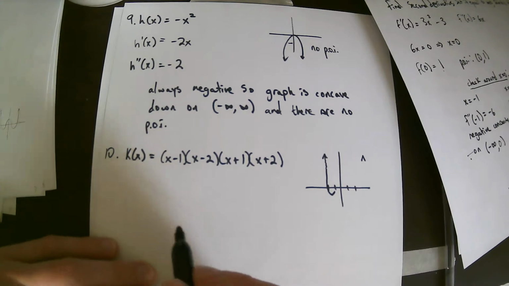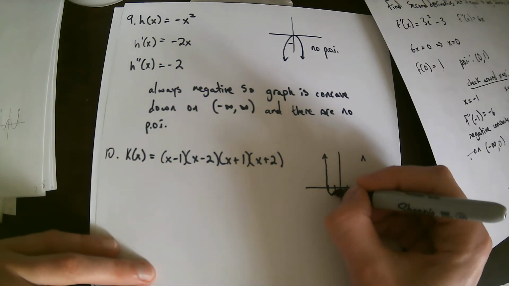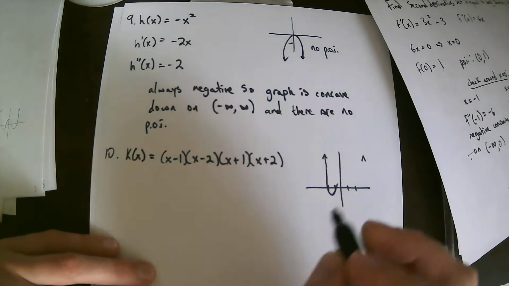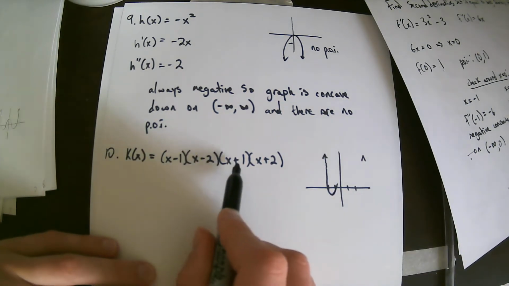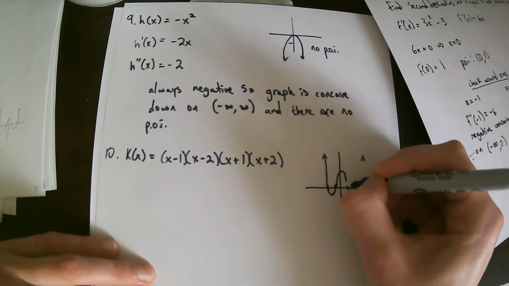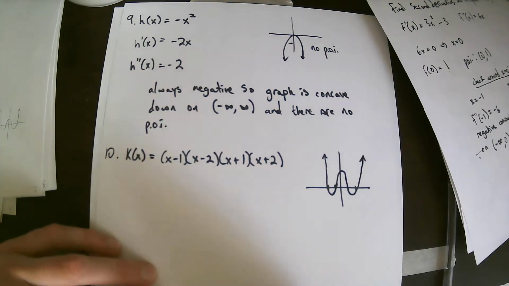Odd multiplicity means it goes through. Anyways, alright, so we go up and go through some y value. To get the y-intercept, we could multiply all these constants together, somewhere up at 4, and then back down through that x-intercept and through that one, and then up.